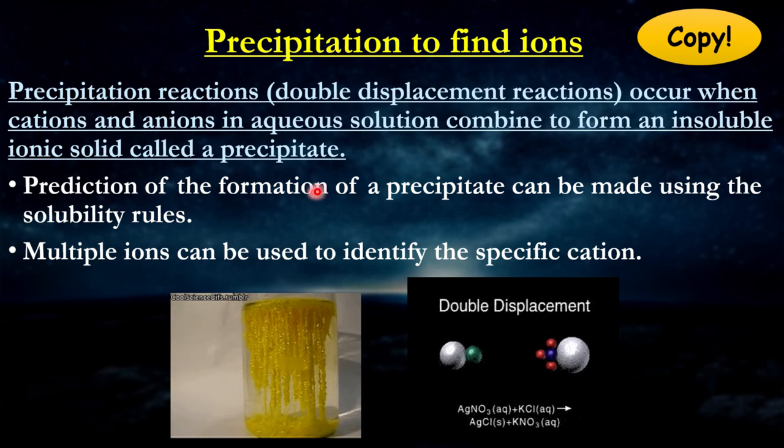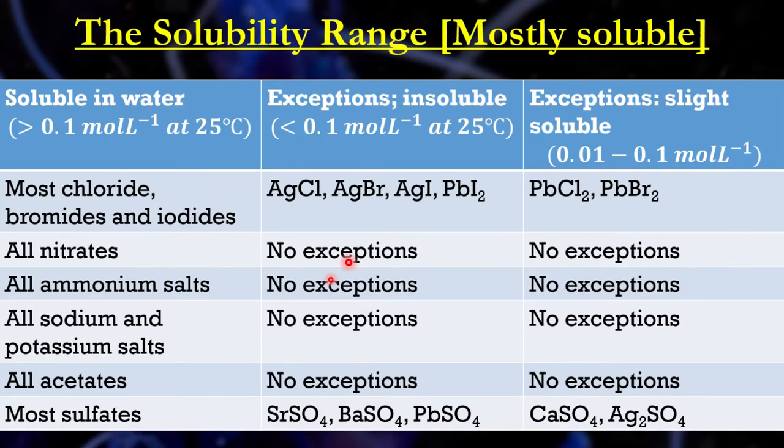So predictions can be made using the solubility tables. You're given a solubility constant group in your formula sheet and data sheet, but you're not given the actual rules. So the rules you need to remember by yourself, that's not given to you by your data sheet. We can use multiple ions to identify a specific cation or an anion. So we can see these are all the different rules, these are all the different exceptions.